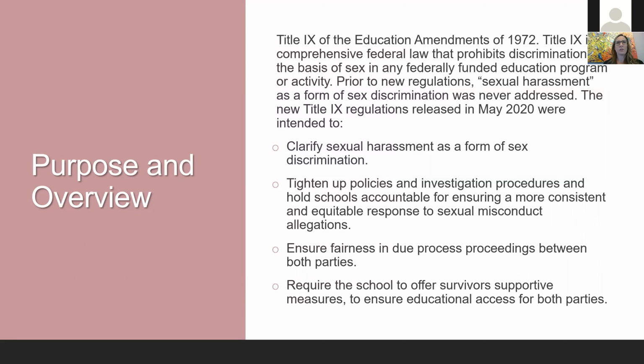They felt like there was a lot of inconsistency, and they wanted to really make sure that the processes were clear and fair for both parties. And then to make sure that we're requiring the survivors supportive measures. They talk a lot about supportive measures for both parties. There seem to be opinions that there was inequitable treatment in one way or the other for the parties.